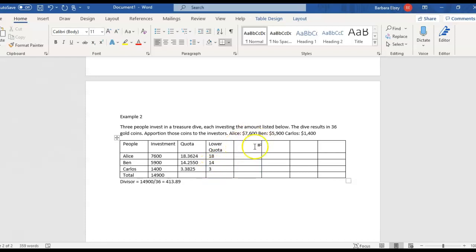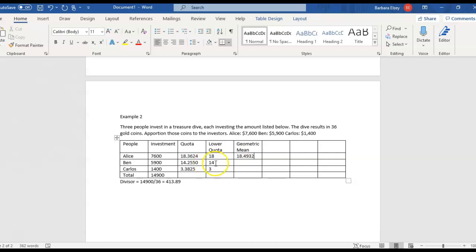And let's do our geometric mean. All right, so here we'll have the square root of 18 times 19. And that is going to be 18.4932.